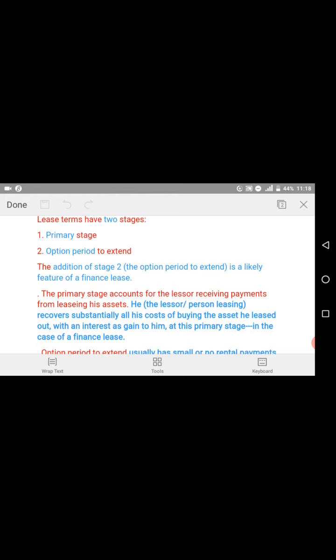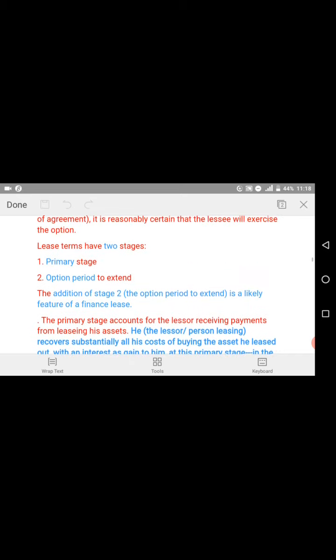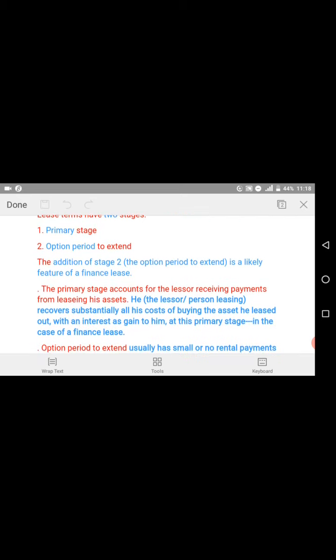At the primary stage, which is the first stage of a lease term, the lessor, or the person leasing, recovers most of the amount he used to buy the assets, substantially all his costs, with an interest.